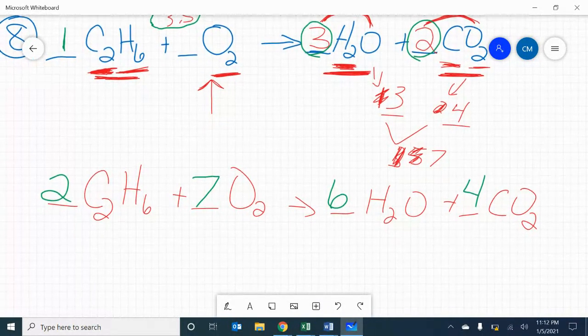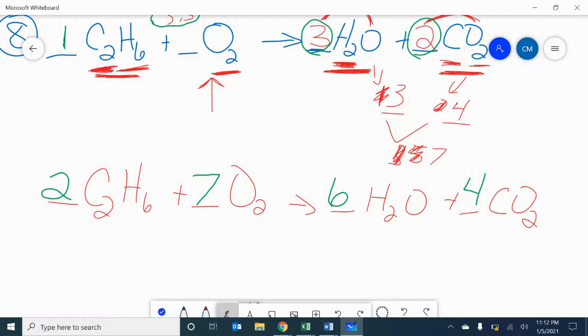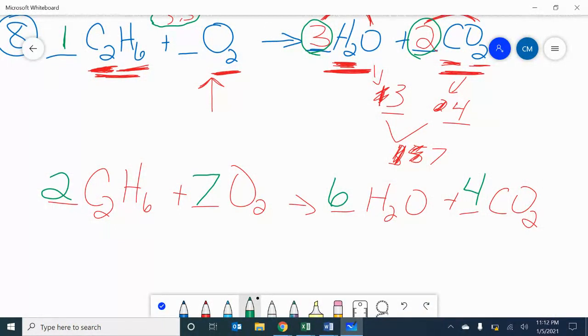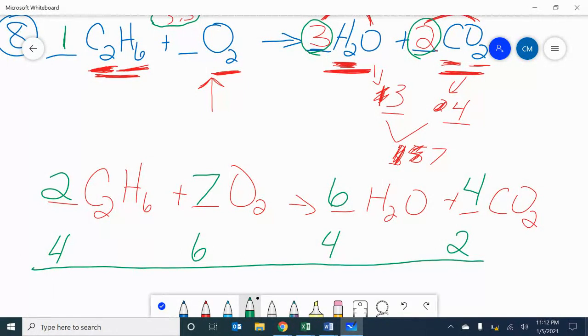And I'm going to go off on a tangent here for just a second. What I mean by that is, let's say, just for fun, this were a 4, this were a 6, this were a 4, and this were a 2. Well, those are all divisible by the same number. That means it can be reduced, right? They can all be divided by 2.